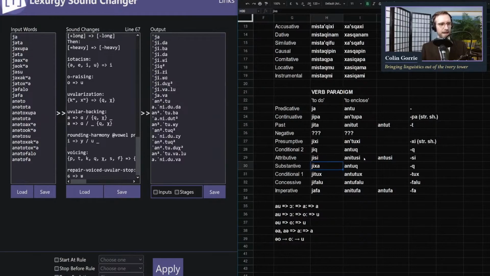And then we have actually some different endings for the irregular forms. Only for some of them. So for regular verbs and for irregular verbs, this is still the same, same.